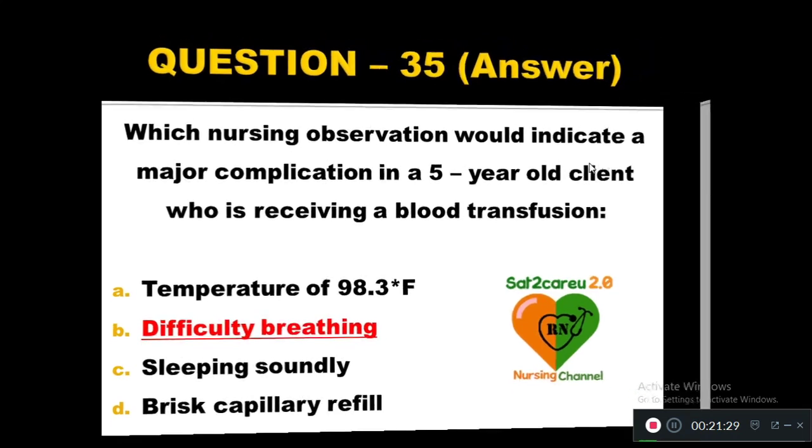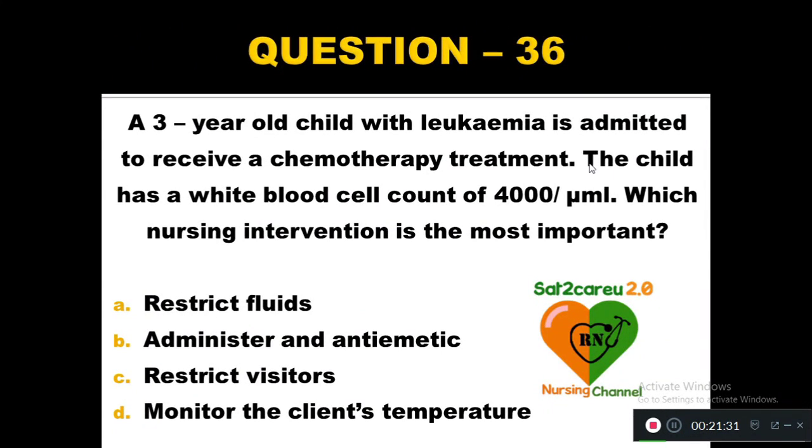Question number 36. A 3-year-old child with leukemia is admitted to receive a chemotherapy treatment. The child has a white blood cell count of 4,000 per microliter. Which nursing intervention is the most important? Option A, restrict fluids.